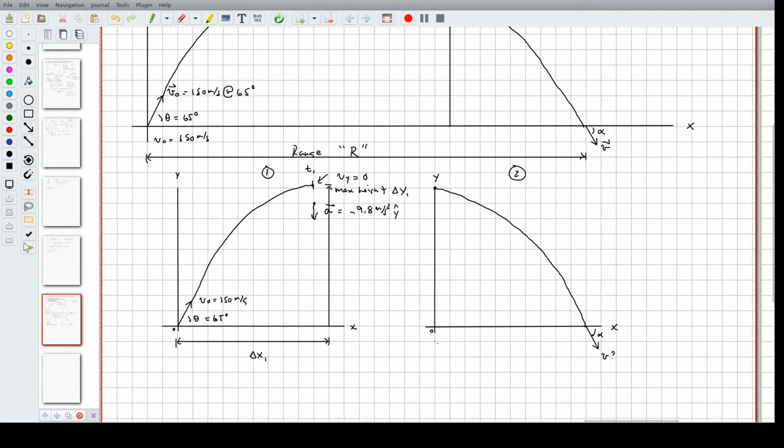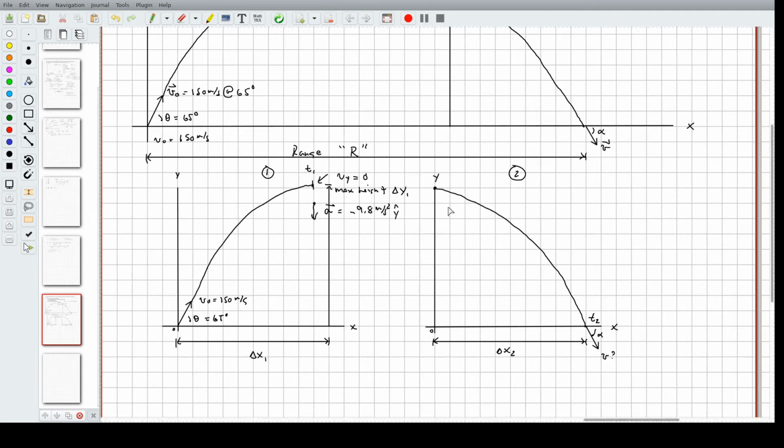Likewise, this right here would be the last part of the range. So call this x2. And of course, by solving the problem, we'll find the final time.